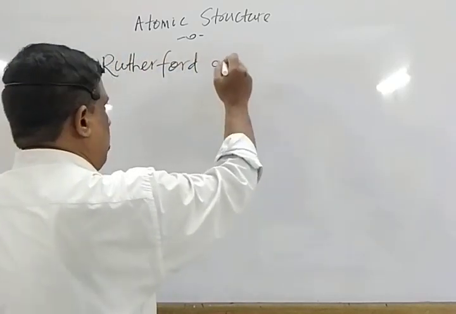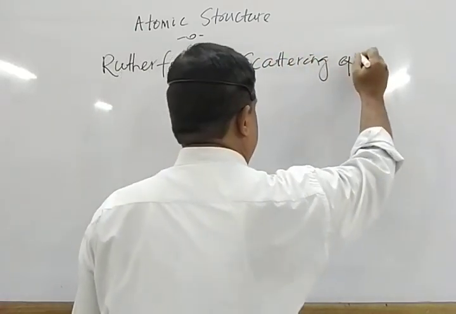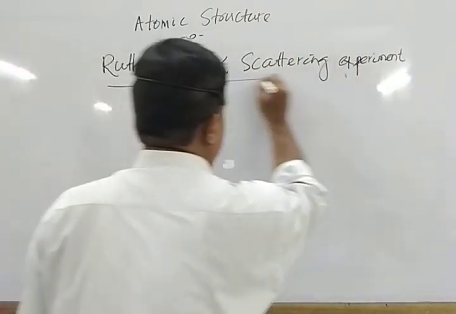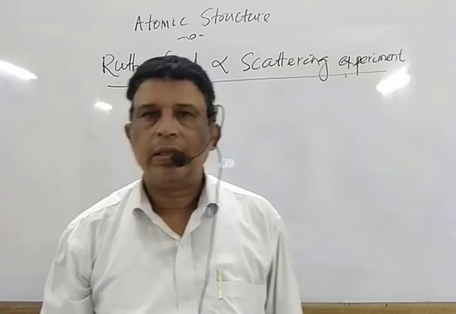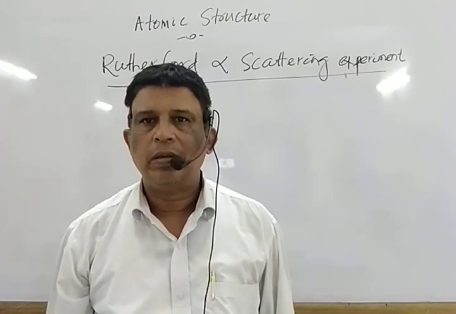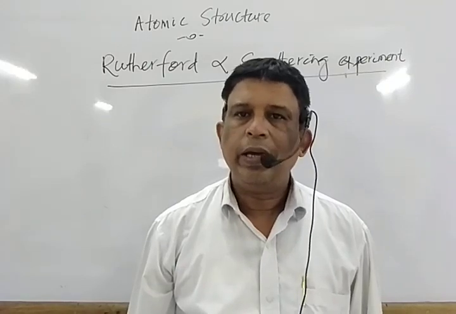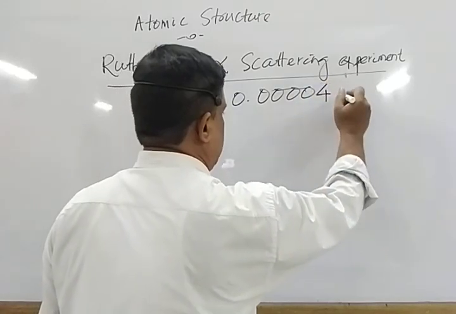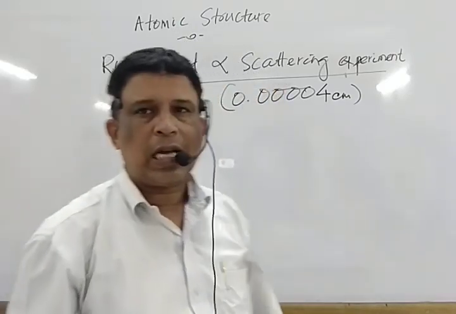Rutherford alpha scattering experiment. The scientist Rutherford and his co-workers performed an experiment on thin gold foil having a thickness of 0.00004 centimeter, known as the alpha scattering experiment.